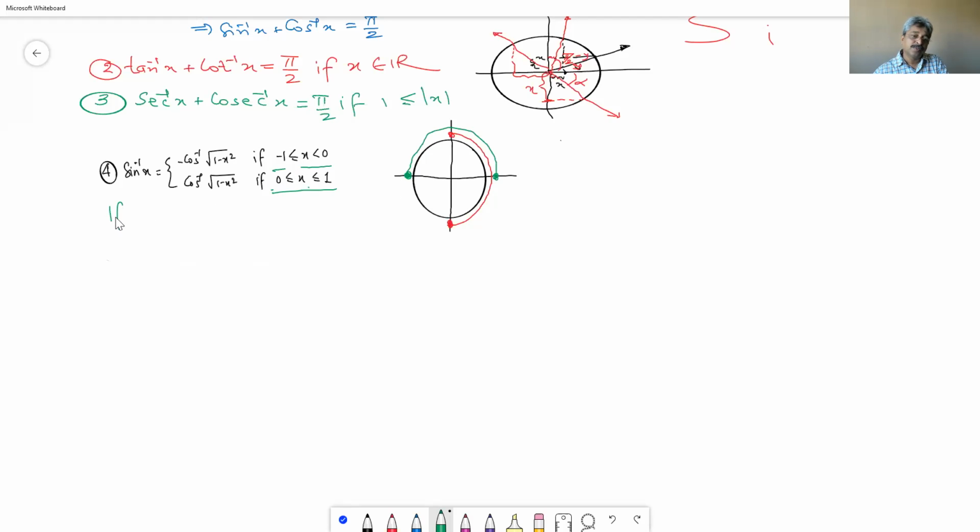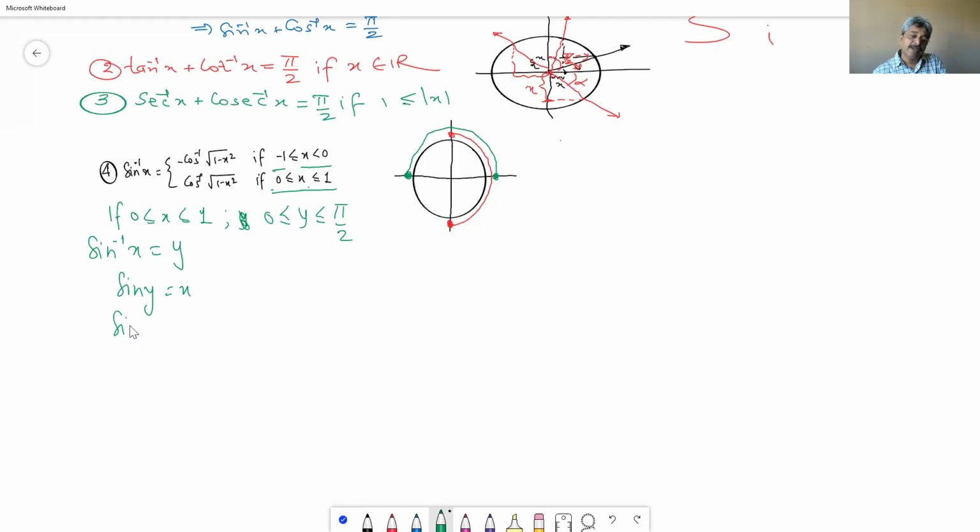If 0 is less than equal to x is less than equal to 1, sine inverse of x is equal to y. So x is between 0 to 1 implies y is between 0 less than equal to y less than equal to pi by 2. Okay, so therefore sine y is equal to x.